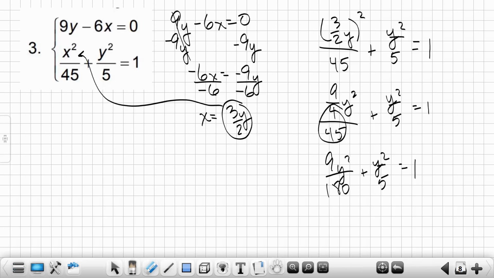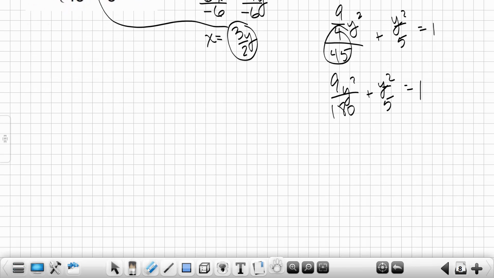This is going to be 1/20. Actually, I should put y squared. The 9 cancels. I get y squared over 20 plus y squared over 5 equals 1.